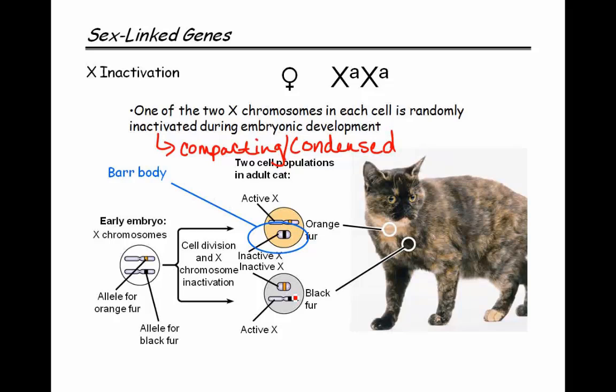So every single cell always needs one working copy of the X chromosome. If you happen to have an odd situation where you had a cell that had 5 X's in it, then we would expect to find 4 bar bodies in there, because if we've got 5, we're going to keep one as a working copy, and we're going to shut down or compact the other 4 chromosomes.